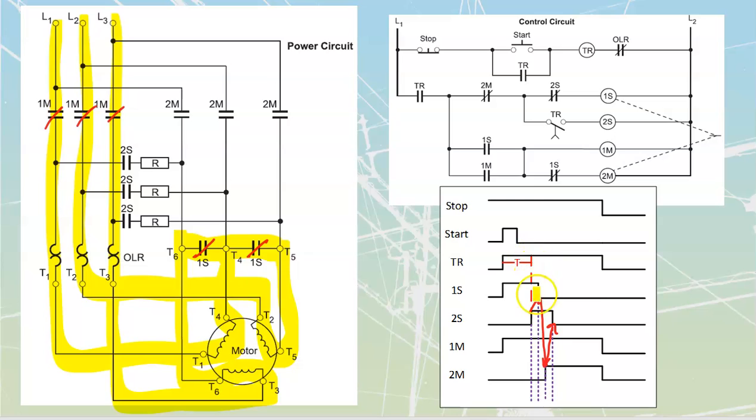Once the T point happens, the very first thing we see is that my 2S is going to go high. So as soon as my 2S goes high over here, we're going to see that we have a resistor that is going to be connected across. Now, if I take a look at this, I see that I do have paths for my current flow to follow through. We'll just follow this one maybe with a marker.